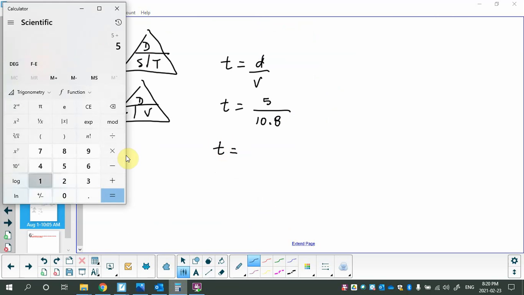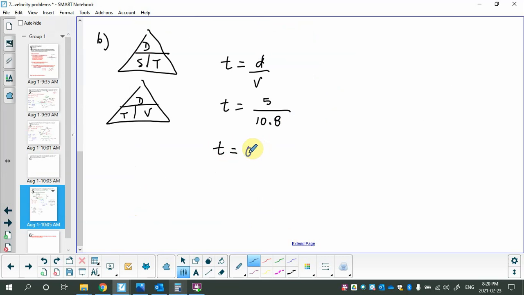5 divided by 10.8 is equal to 0.4629, so I'll say 0.46. This was kilometers, this was kilometers per hour, so this is hours.